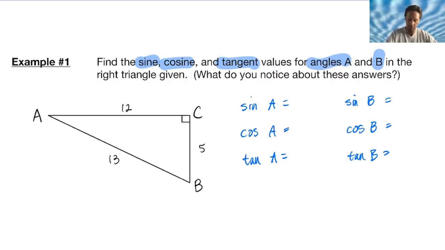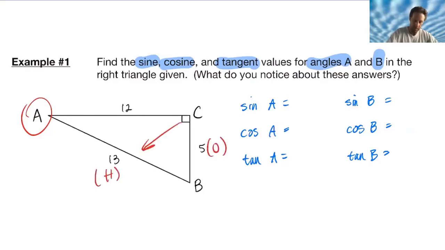All right. So if I'm looking at angle A first, I'm going to go ahead and label. You don't have to do this once you get the hang of it. But since there's no X and Y axis, I'm going to use the opposite. This will always be the hypotenuse. And then this would be the adjacent for angle A. So for sine, remember, that's opposite, which would be 5, over the hypotenuse, which is 13.